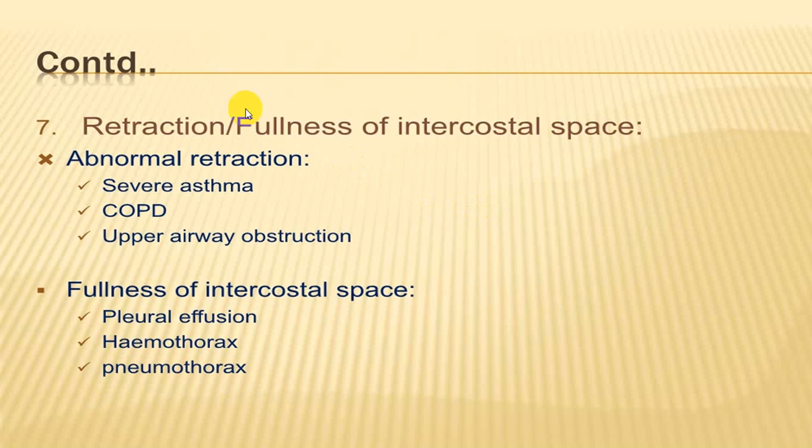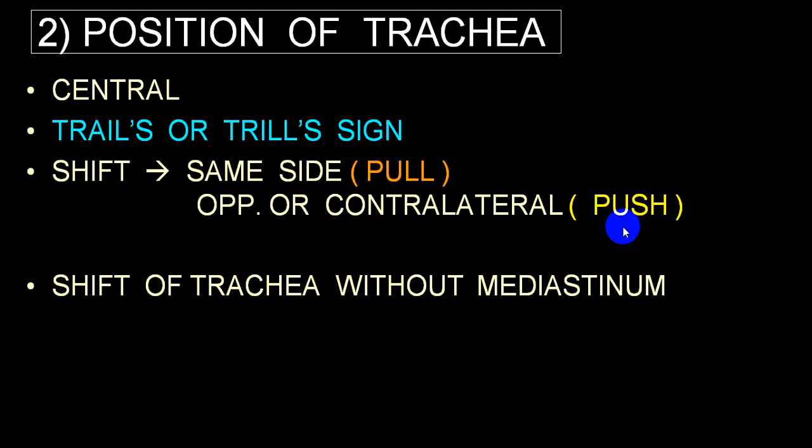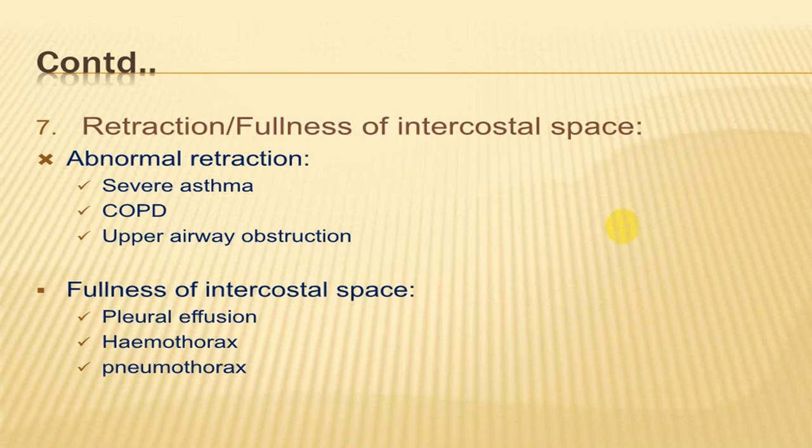All will produce fullness. While retraction will be because of fibrosis and thickened pleura. So remember that way, very easy. And air in the pleural cavity, that is pneumothorax, total pneumothorax and tension pneumothorax, will produce fullness. Very frequently asked in your oral.